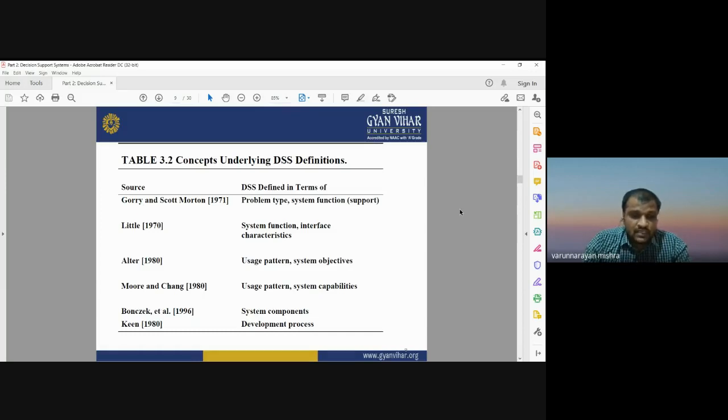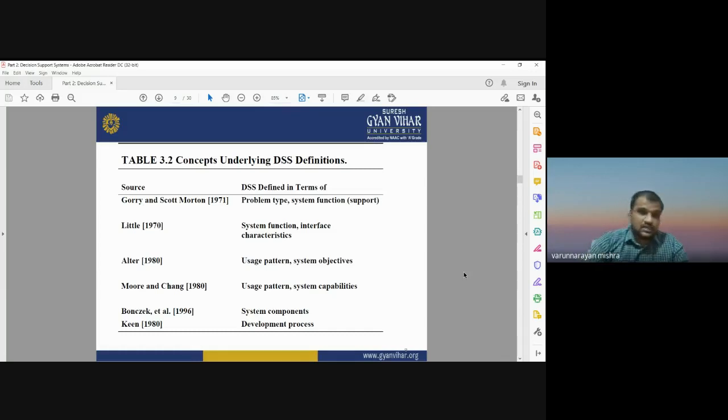Different authors have given different definitions for DSS, but the overall goal of all decision support systems is that they provide you the facility to take any decision in case of confusion, or when you don't know how to process the data and take a decision. This is all about the decision making process. A decision support system is a decision making process in which computer based systems and computer based modeling provide you the facility to take any decision.